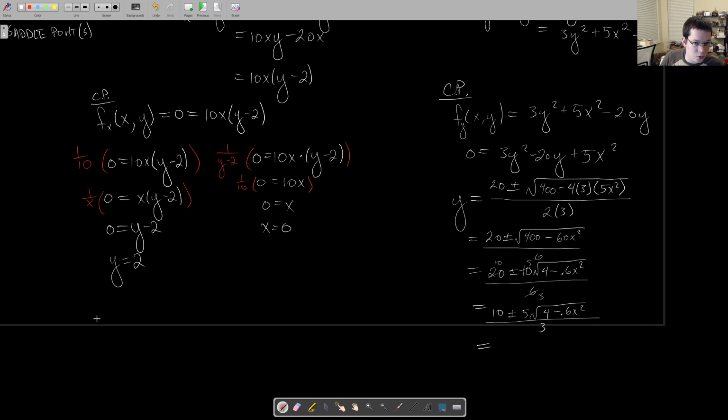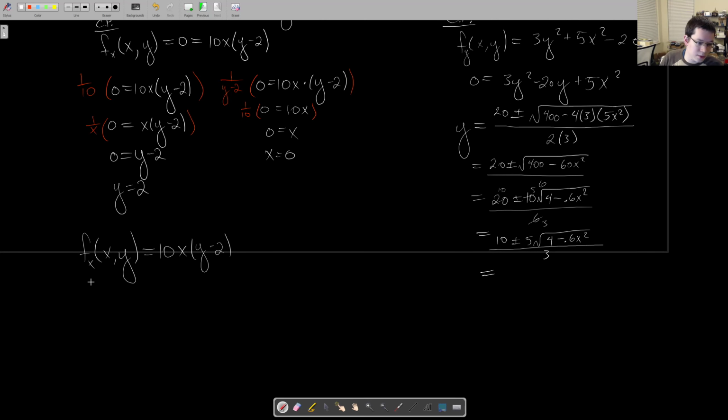So if we have f of x, y, fx, then over here we'll have the derivative of f with respect to x, take the derivative of that with respect to x. And that's going to be equal to 10 times y minus 2.